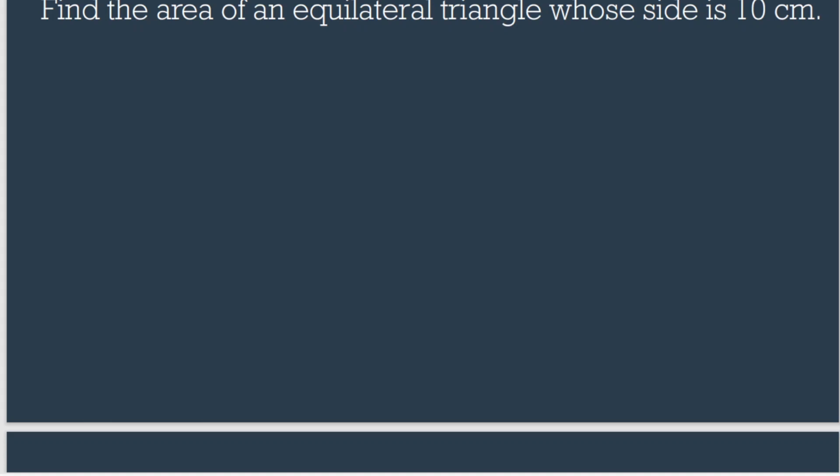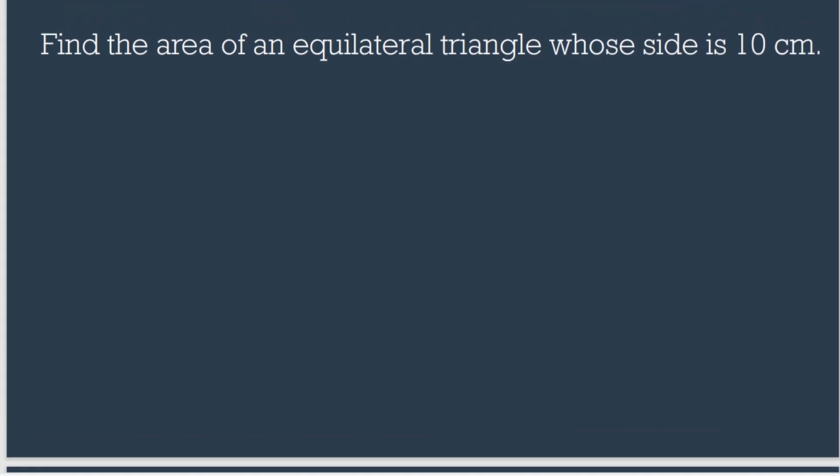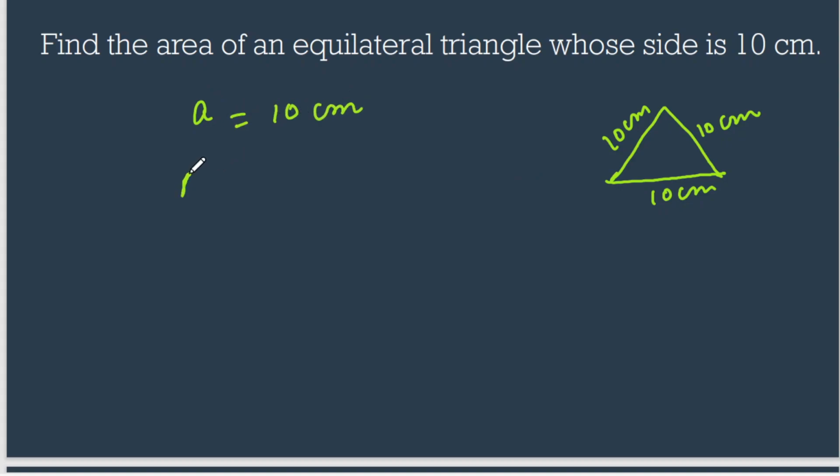Find the area of an equilateral triangle whose side is 10 centimeter. That means we have a triangle whose each side is 10 centimeter. Okay. So our a is 10 centimeter. So area will be equal to root 3 by 4 into a square.